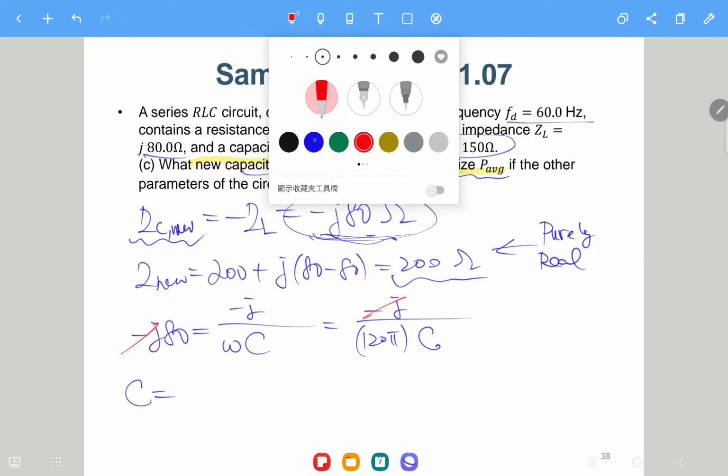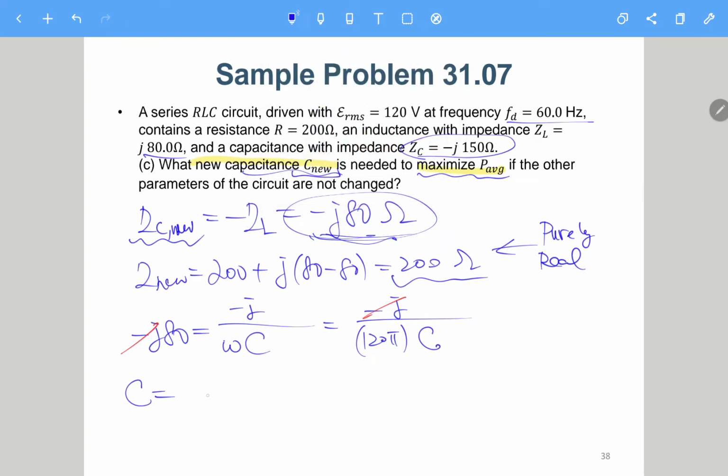So finally, C is nothing but 1 over 80 times 120 pi, which is 33.2 mu F. So we just need to change the capacitor to this value, and then the P average will be maximized.